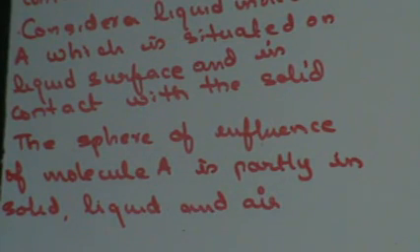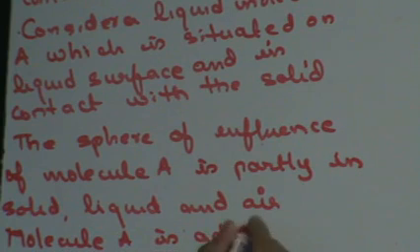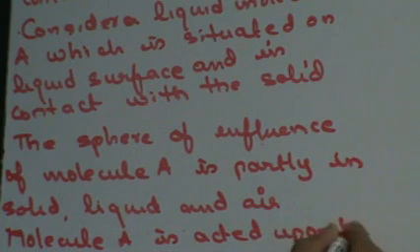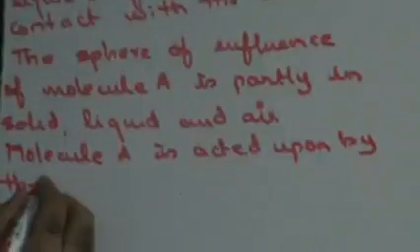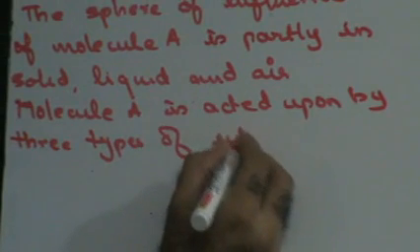Right? Now, the molecule A is acted upon by three types of intermolecular forces. Since you have its sphere of influence in three different areas, therefore I can say that molecule A is acted upon by three types of intermolecular forces.